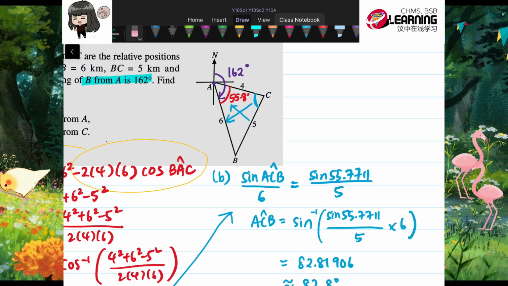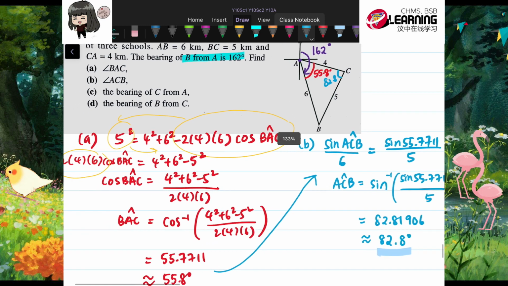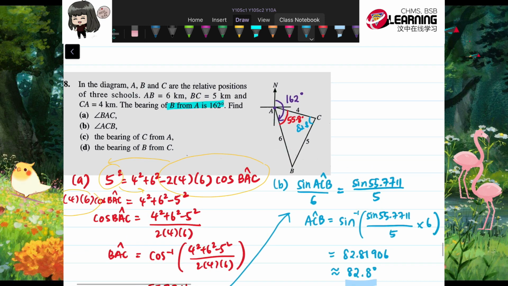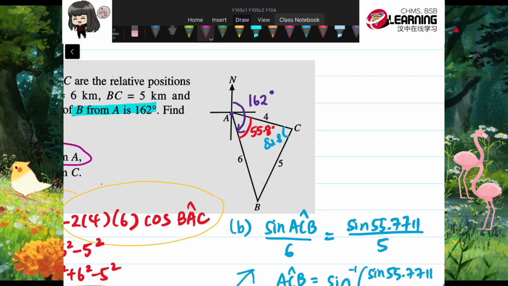So this angle here is 82.8. Next, they're asking for the bearing of C from A. From A, we want to find until here, this is C. So this is the angle that we need to find.